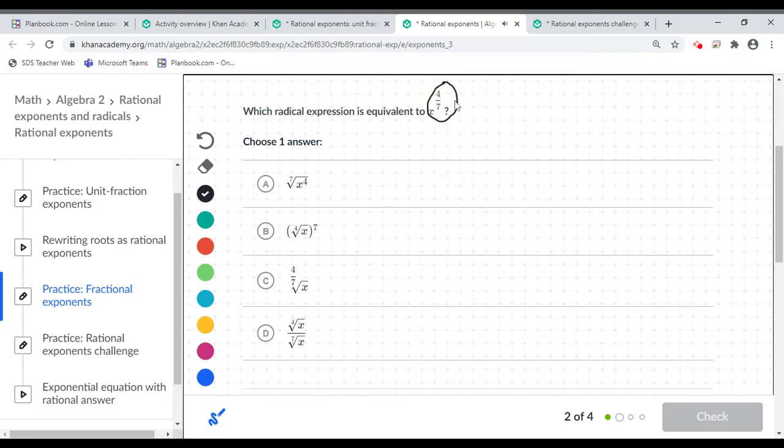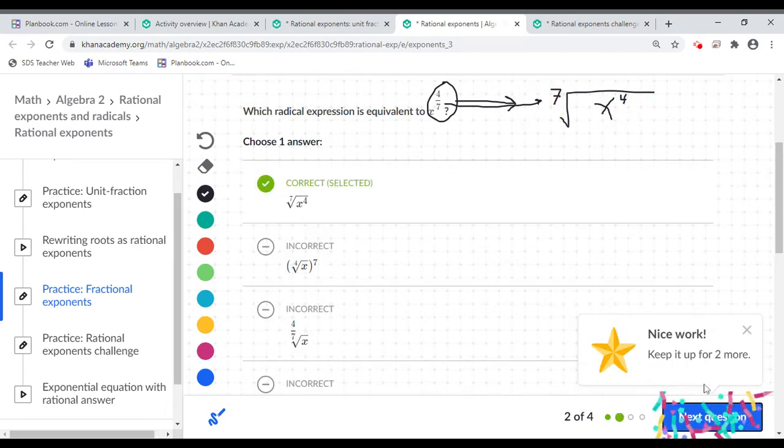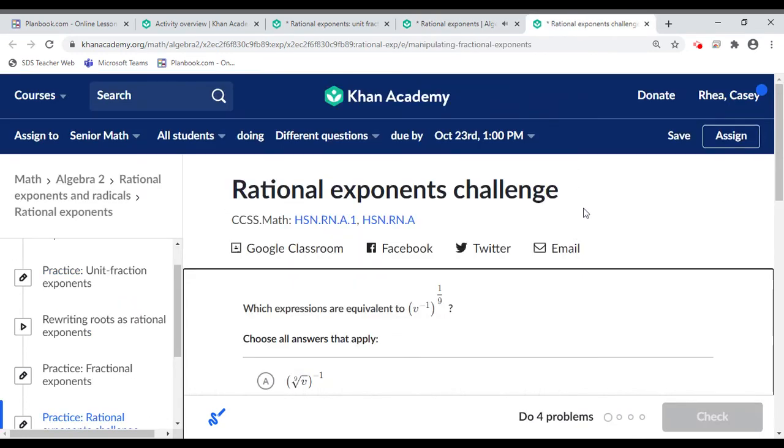What about this? We got to take it back to a root form, so we know it's a fractional power. Fractional powers are roots. Our variable goes underneath. Which one goes where? Well, 7 is on the outside, and 4 is on the inside. Okay, let's skip to the challenge problems.